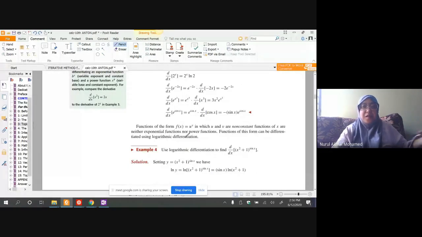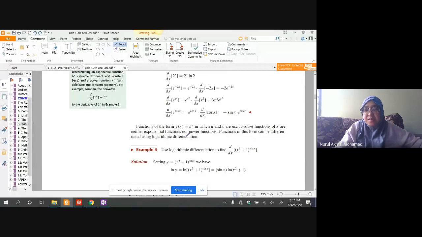Okay, next, example 4. You have d/dx of x squared plus 1 to the power of sine x.